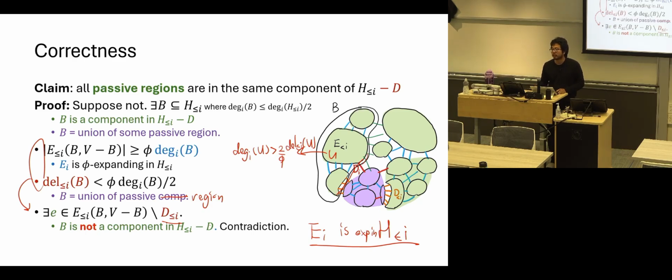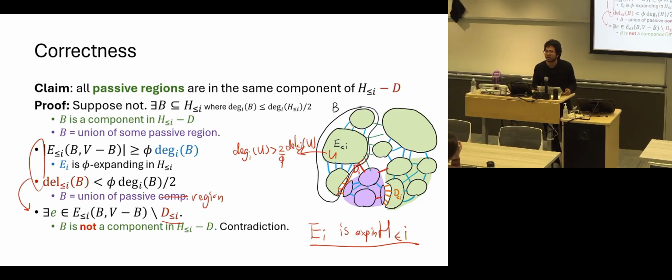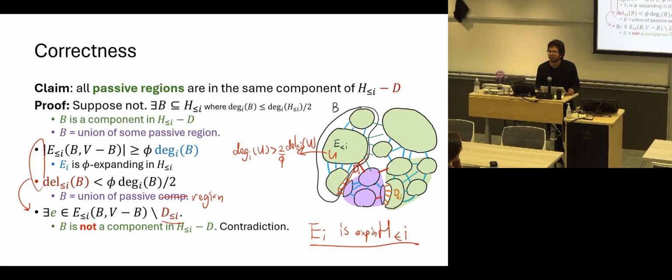Which fact? Like use the fact that it's just a component. The fact that B is not the entire union of all the passive. This is the whole point of this statement.